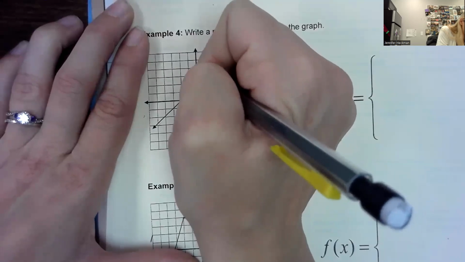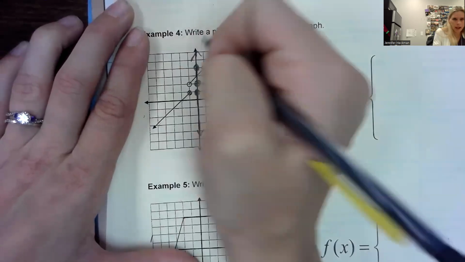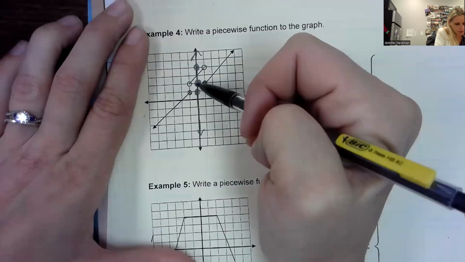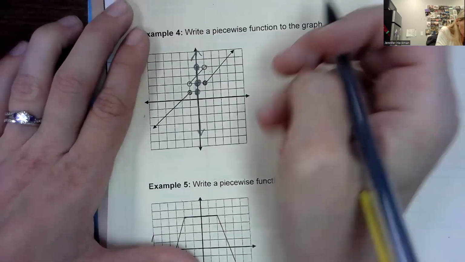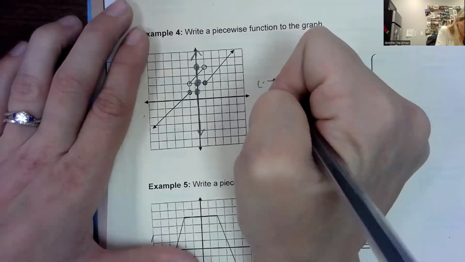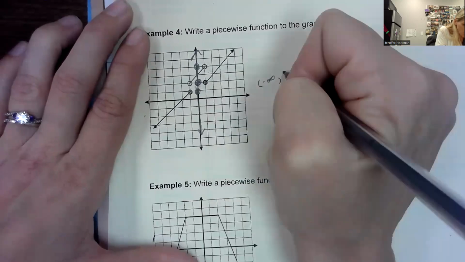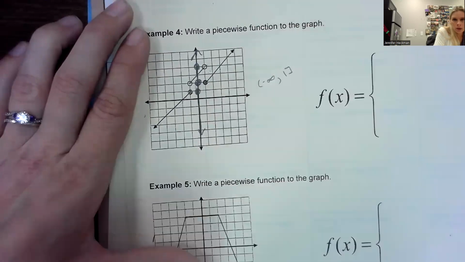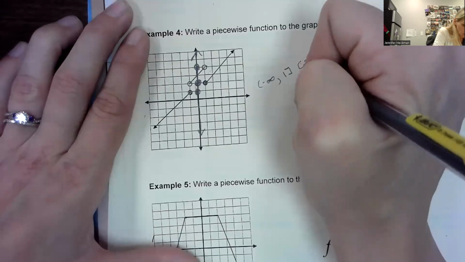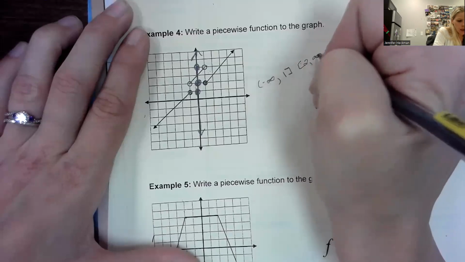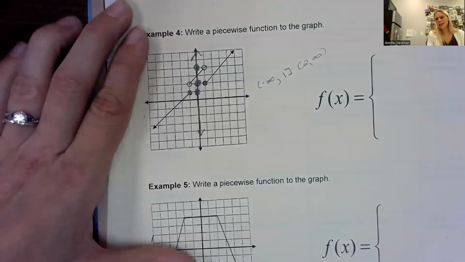It would close this and our arrow would be going up. But as you can see right here, there is an opening. So this range would be negative infinity to 1 and it's filled in. So it's a bracket. And then we start back up at 2 to infinity. So I just wanted to give you an example there of a gap in between piecewise, okay?